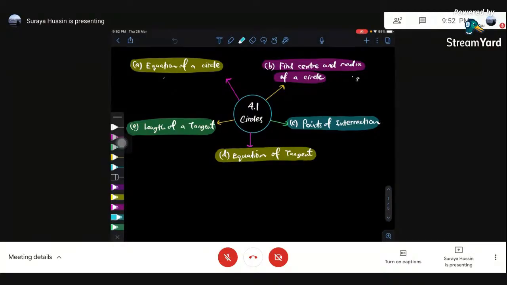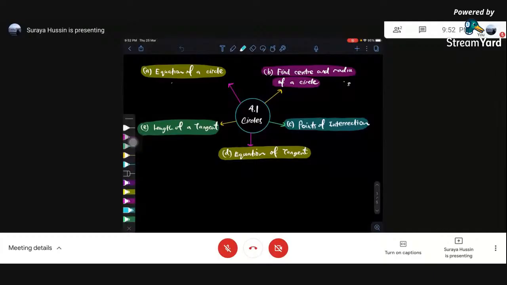Boleh dengar suara? Boleh dengar ke suara saya? Boleh dengar suara dah. Okay, I need my students. CP.